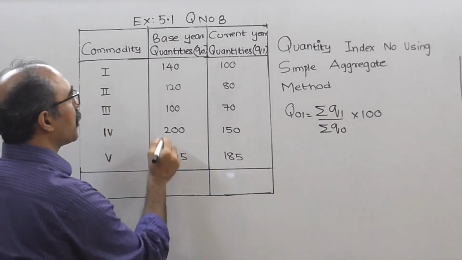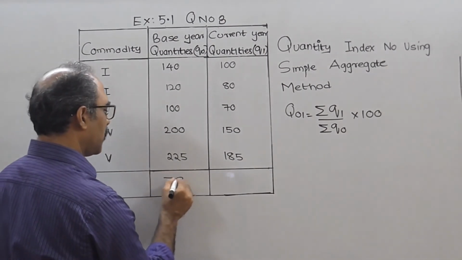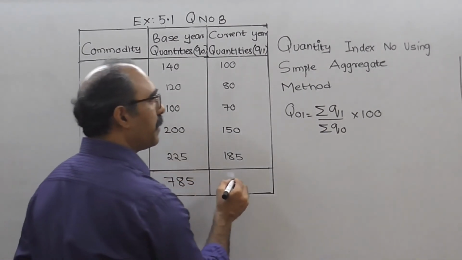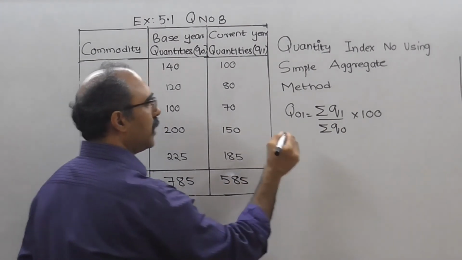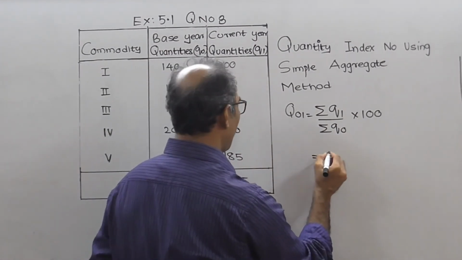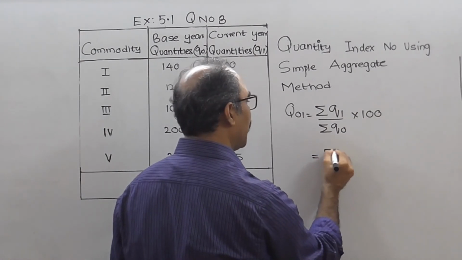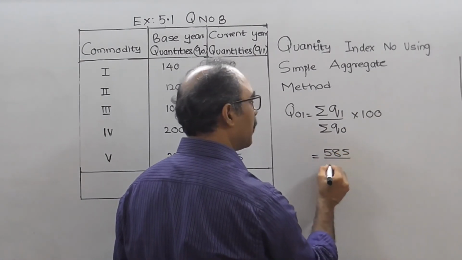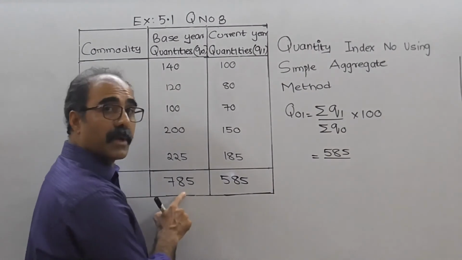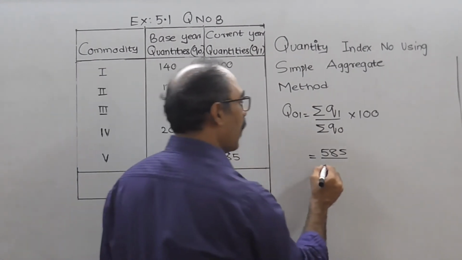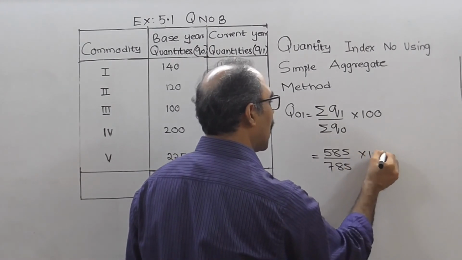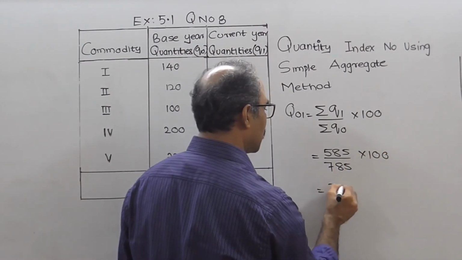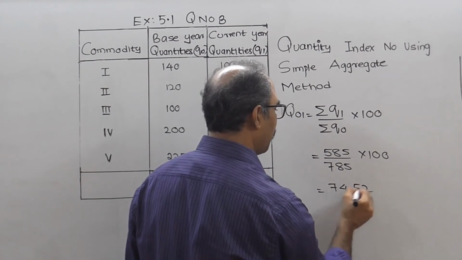So the total of Q0 column is 785, Q1 column 585. Put it in the formula, sigma Q1, which is 585 divided by sigma Q0, 785, multiplied by 100. The answer is 74.52.